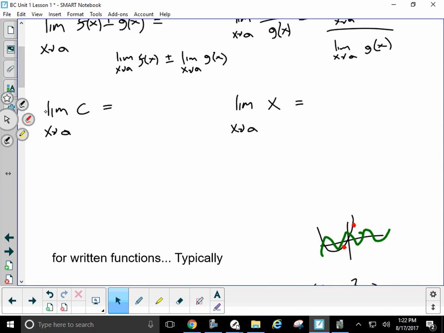Well, what if I asked you what is the limit as x approaches a of c? Or, as an example, what is the limit as x approaches 2 of 3? Discuss that with your neighbors.